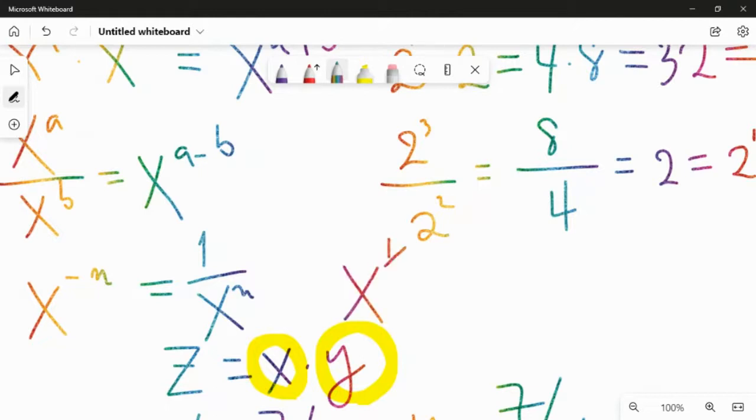And also, x to 1 over n, the fractional power. The power is in fraction. What does that mean? It's the nth radical of x, or nth root. So a simple example.